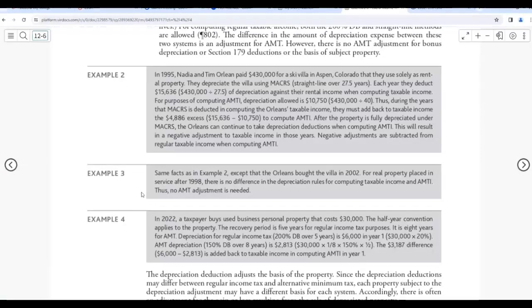Same facts as the previous example, except the owners bought the villa in 2002. For real property placed in service after 1998, there is no difference in depreciation rules for computing taxable income and AMTI. Therefore, no AMT adjustment is needed.